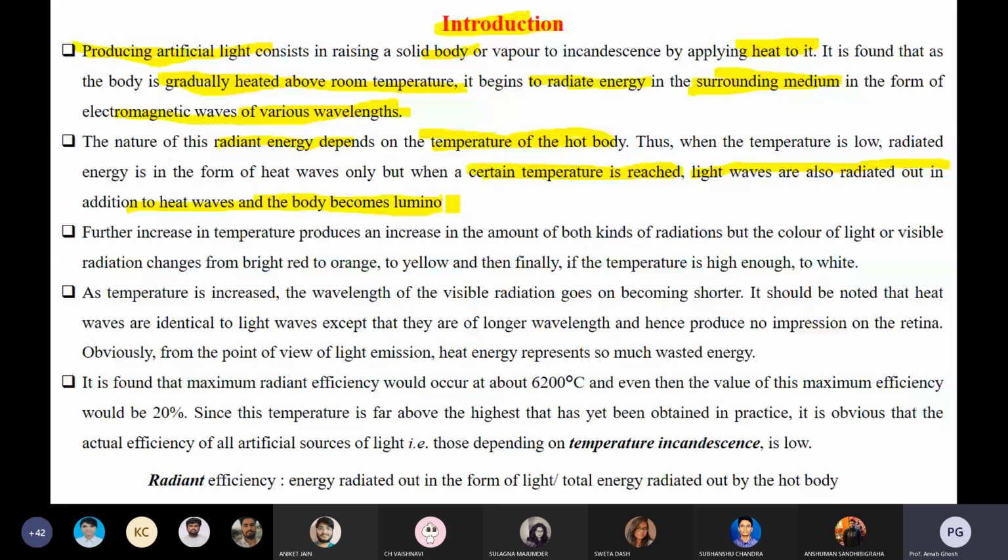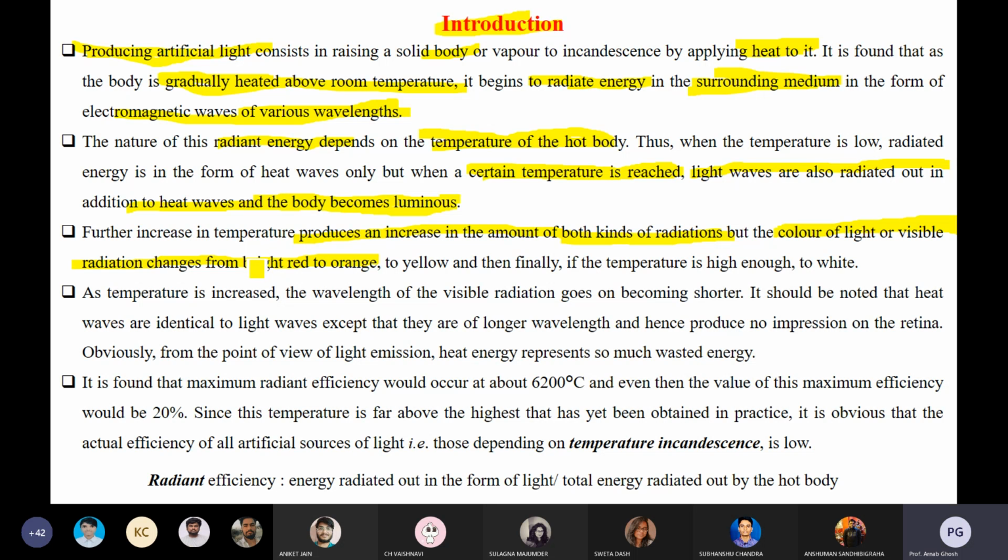Further, when you increase the temperature again, it produces an increase in both kinds of radiation, but the color of the visible radiation changes from dull red to orange.